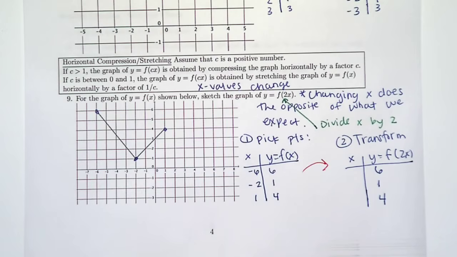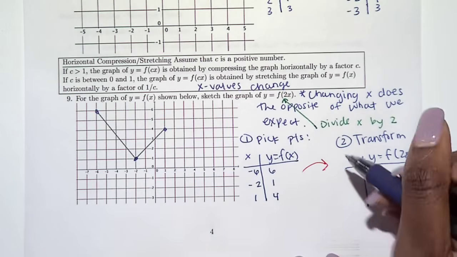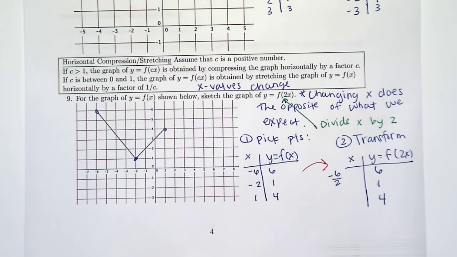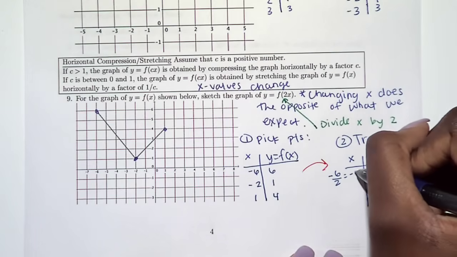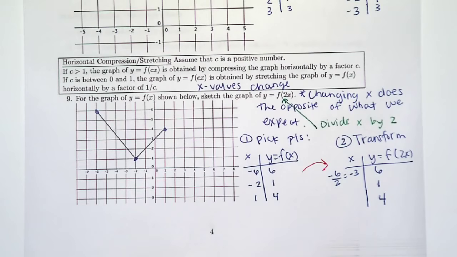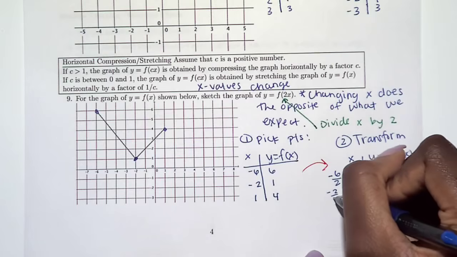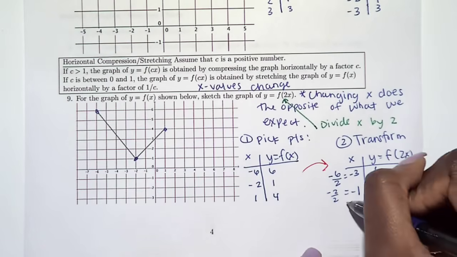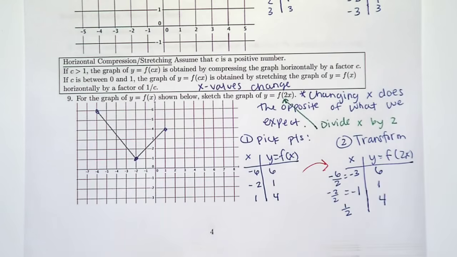Well, we're dividing x by 2. So our new first x value will be -6 divided by 2, so -3. Okay, and so we'll do the same for -2. X value -1. X value 1/2.